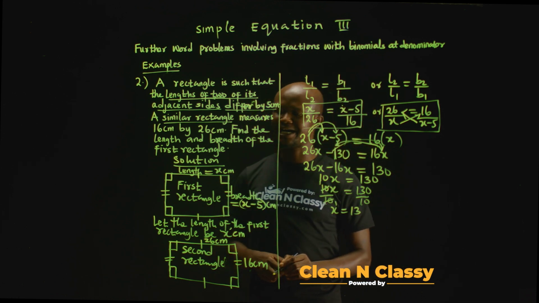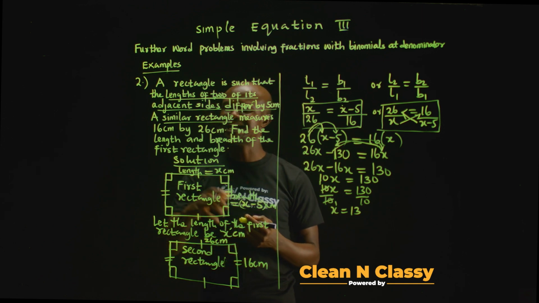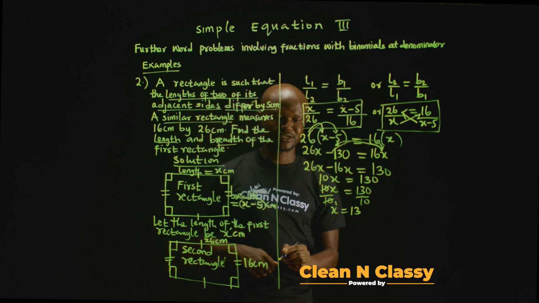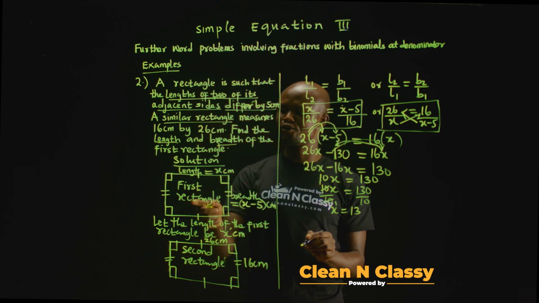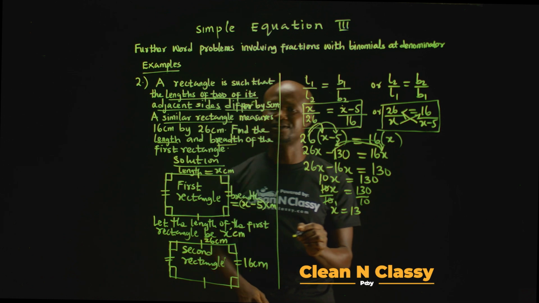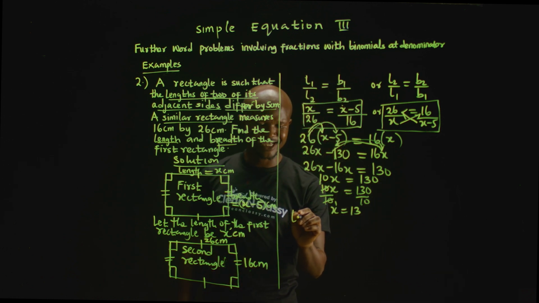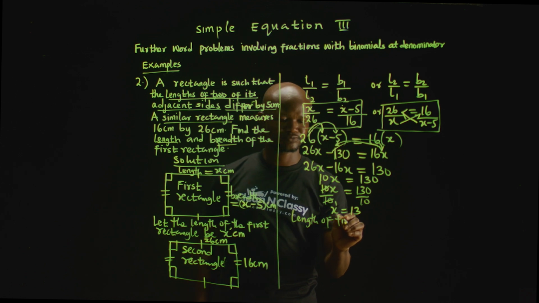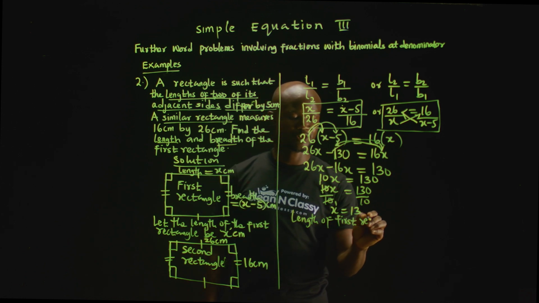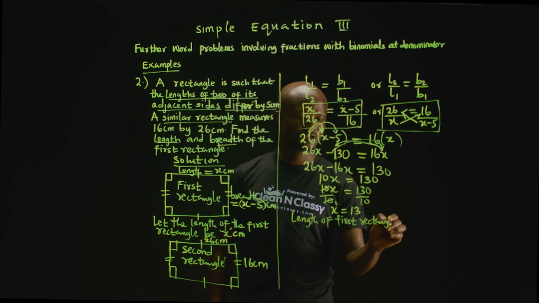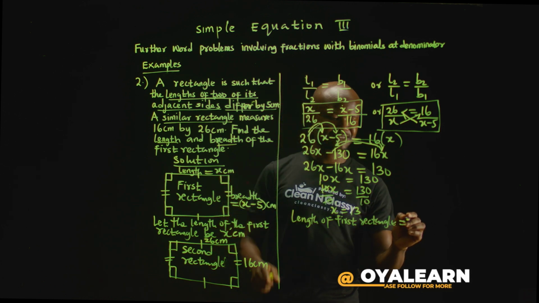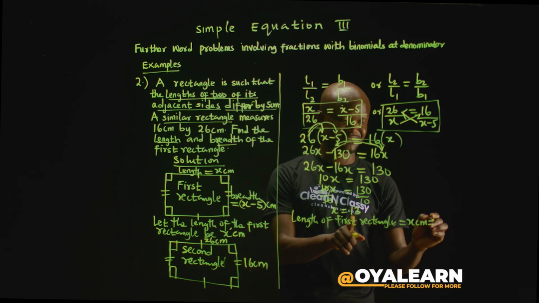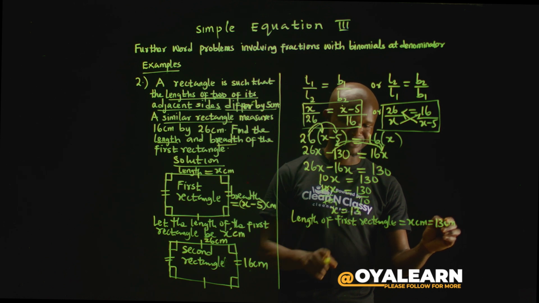Now, let's go back to the main question: find the length and breadth of the first rectangle. The length of the first rectangle equals x centimeter, and because the value of x is 13, that is 13 centimeter.